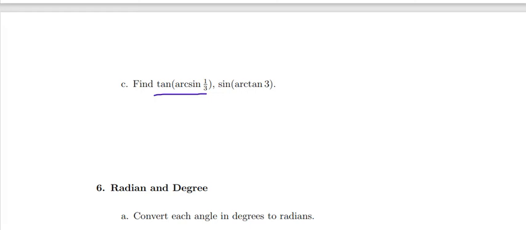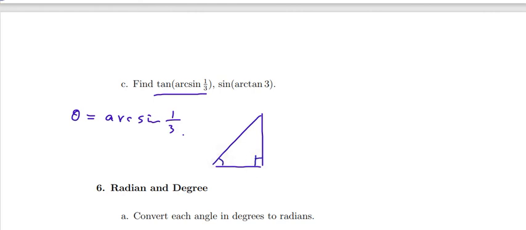So we have this angle, arc sine 1/3. We want to find the tangent of this angle. So we draw a right triangle.